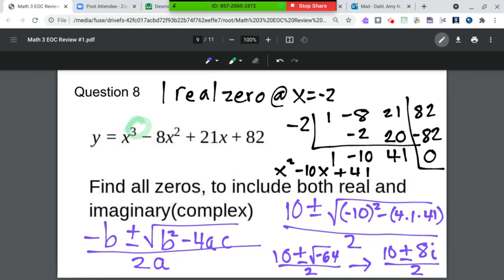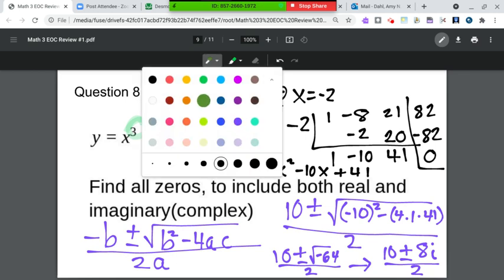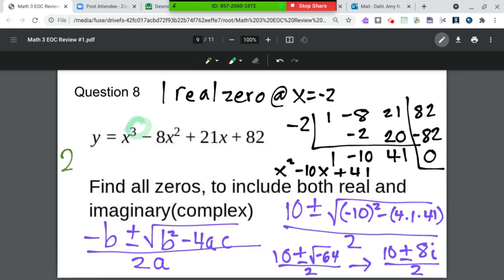What is the last thing you need to do? Simplify. Divide everything by 2. Your final zeros are 2 imaginary zeros for a total of 3 zeros at x equals 5 plus or minus 4i. 2 imaginary, 1 real, 3 total.